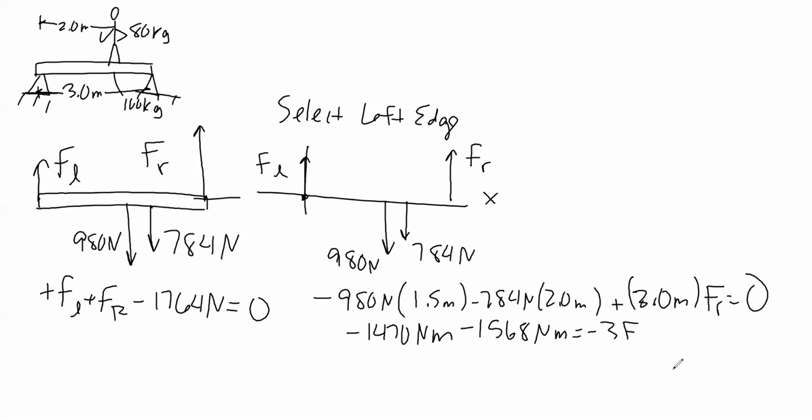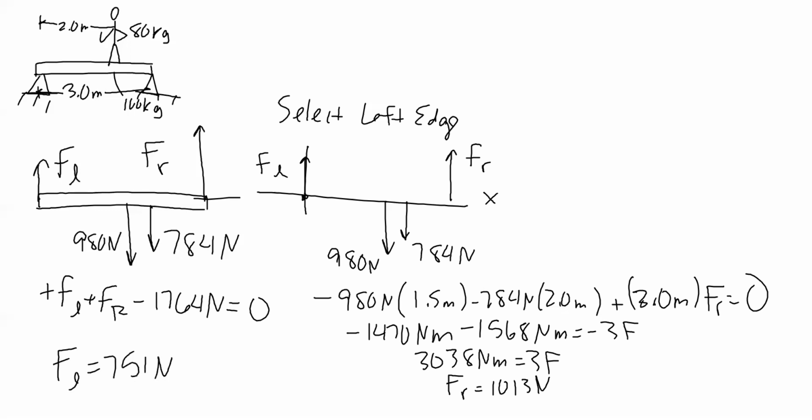Add those two together, and we get 3038 newton meters equals 3FR, from which we get that F sub R equals 1013 newtons. Since we know F sub R, F sub L equals 1764 minus 1013 newtons. And so we get that F sub L equals 751 newtons.